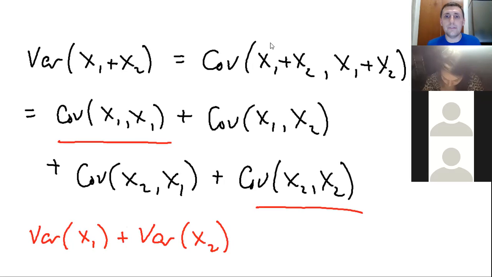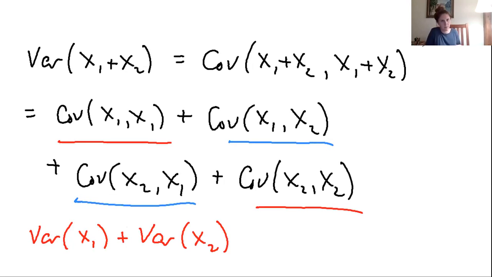And then I have the blue regions, here they are. They are the same because it's x1 against x2 in both situations, and the covariance is symmetric, so I can simply write plus 2 covariance x1 x2. Understood? And I can do that in general.